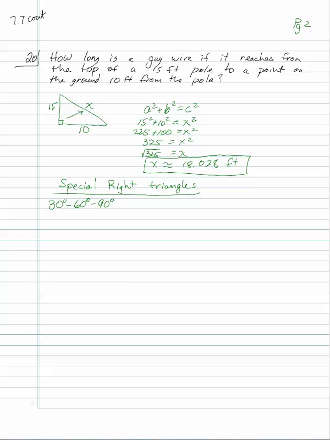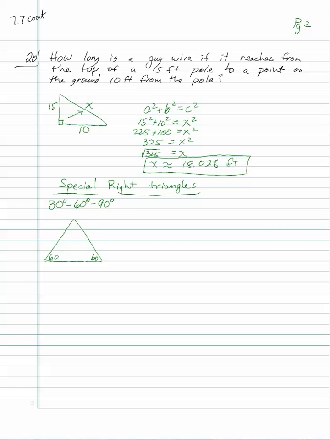Okay, so we have 2 special right triangles that we have to memorize. There's the 30, 60, 90. And a 30, 60, 90 triangle comes from if we start out with an equilateral triangle. So this is 60, 60, and the top would be 60. What's unique about all those sides is they're equal.